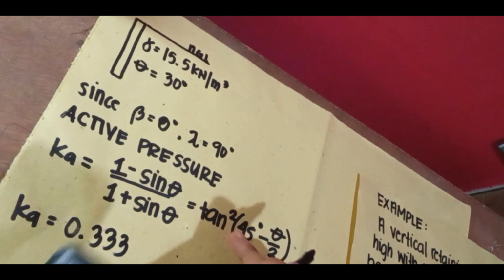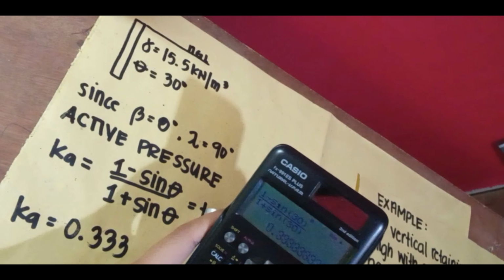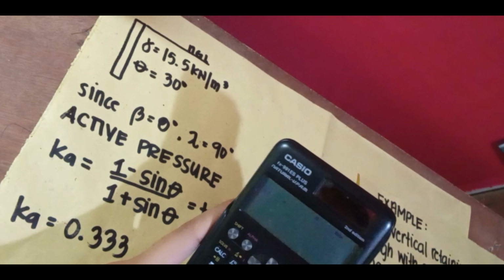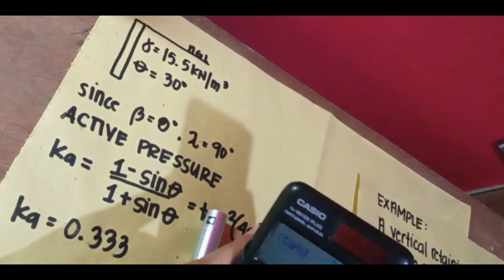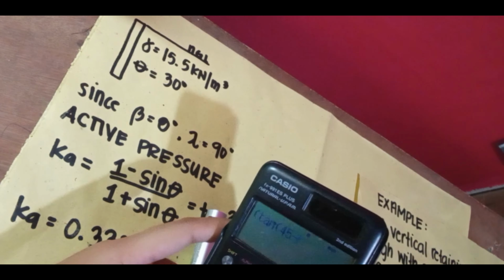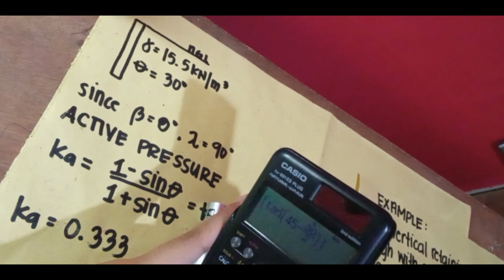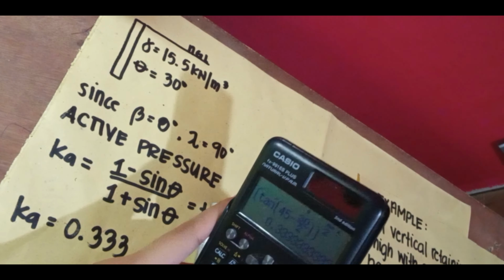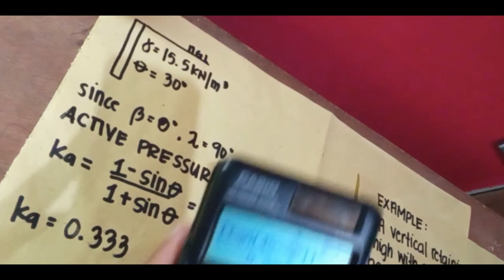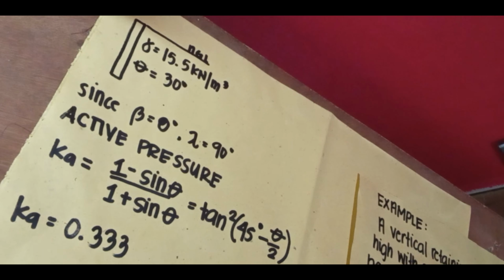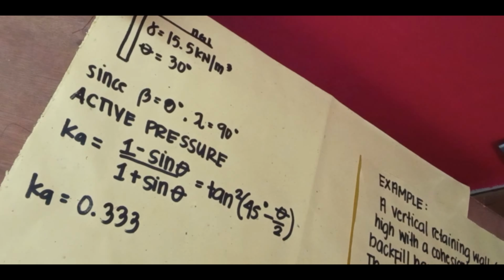And here, let's try this one: tangent of (45 minus 30 over 2), squared. There. Same answer. So, we now have the coefficient. Next is RA.